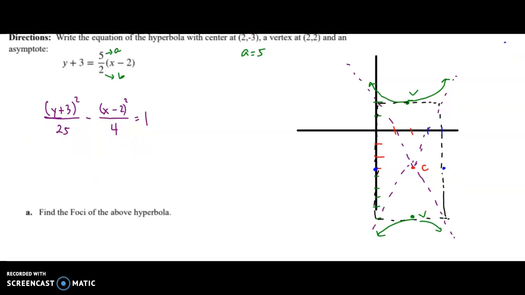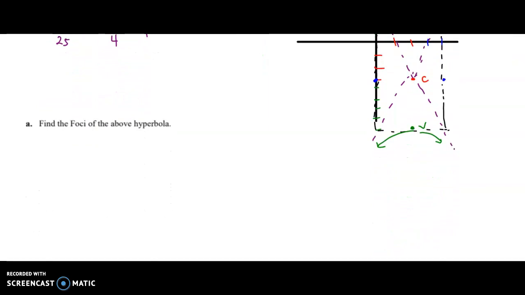Now it says find the foci of the above hyperbola. So we know that we're going to use this equation, so that's going to be 25 plus 4. So c squared, or c is going to equal plus or minus square root of 29.